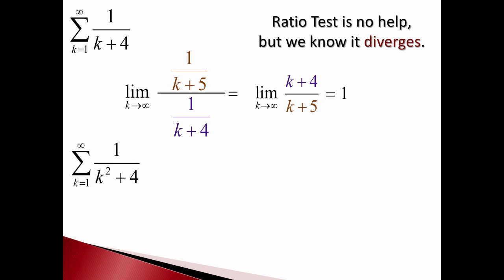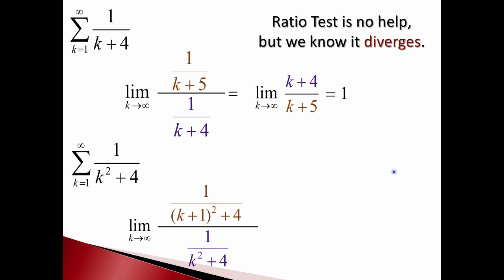Okay, let's try this: 1 over k squared plus 4. Again, if we try to do the comparison test, you could get that this guy converges because it looks like a p-series with p equal to 2. I won't go through all the work. On the exam you would. But we know this guy's going to converge. On the other hand, if we try doing the ratio test, be careful here.